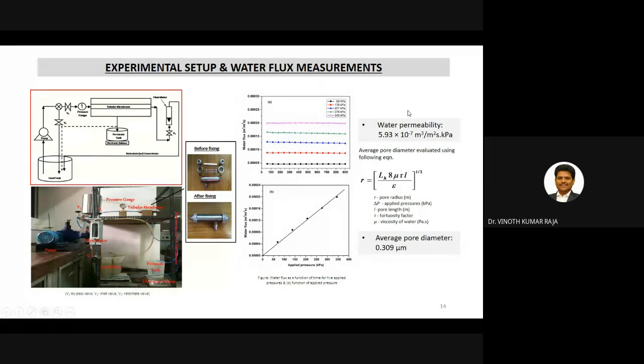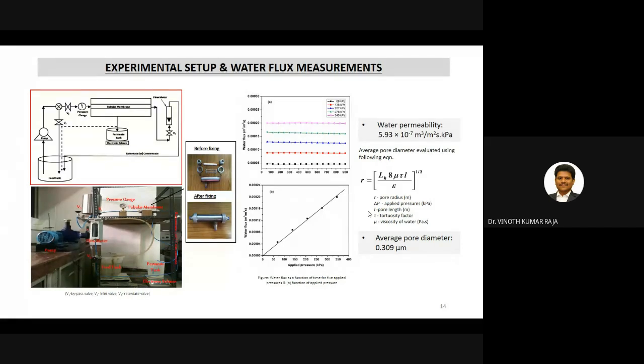After that, we were also able to measure the average pore size of the membrane by considering the pores of the membrane to be cylindrical in shape. This is the reduced form of the Hagen-Poiseuille equation, which allows us to find the average pore diameter of the membrane: r is equal to (8 mu tau L over epsilon) to the power of 1 by 2.